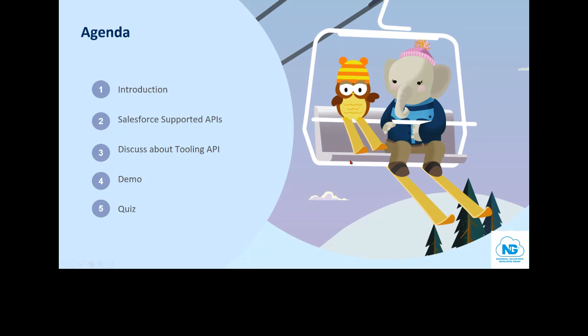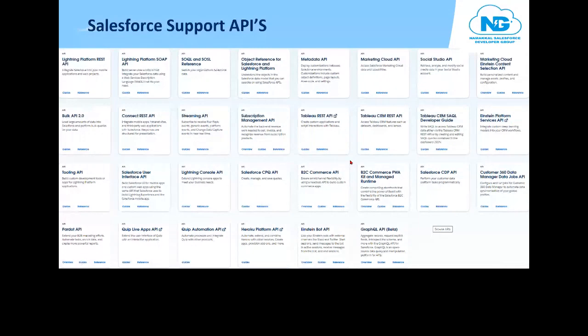Next one, Salesforce supported APIs. These are the APIs Salesforce currently provides support for, and Salesforce defines the structure. First one is Lightning Platform REST API, Lightning Platform SOAP API. Salesforce uses both REST and SOAP APIs; as per my analysis, they are not using RPC type architecture.